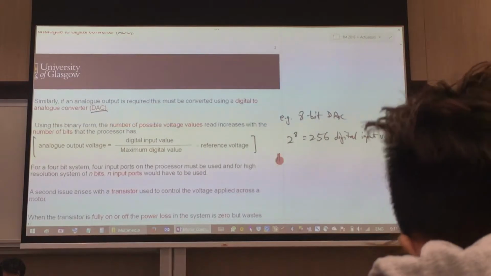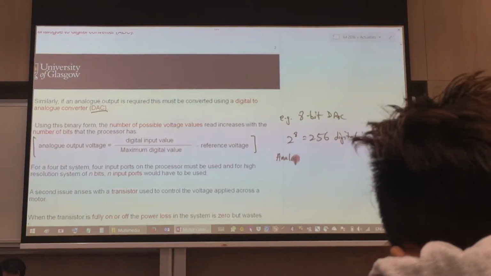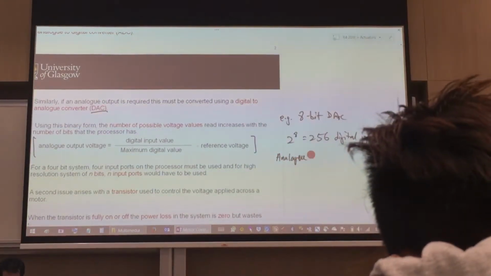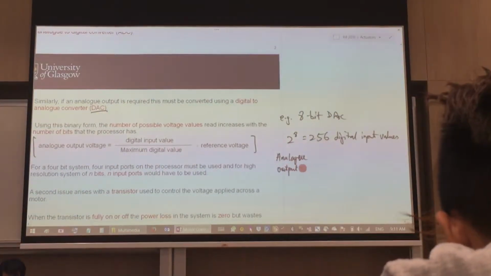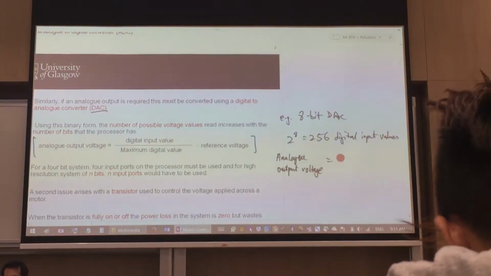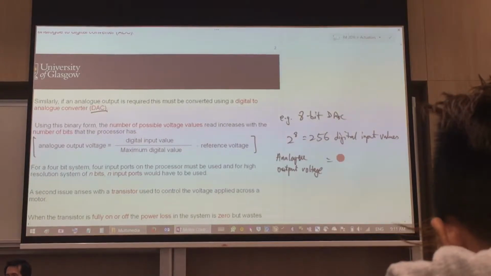And in order for us to calculate the analog output voltage, say for example, if we are interested to have 2.5 volts out of a 5-volt system, then what sort of digital input will be necessary?